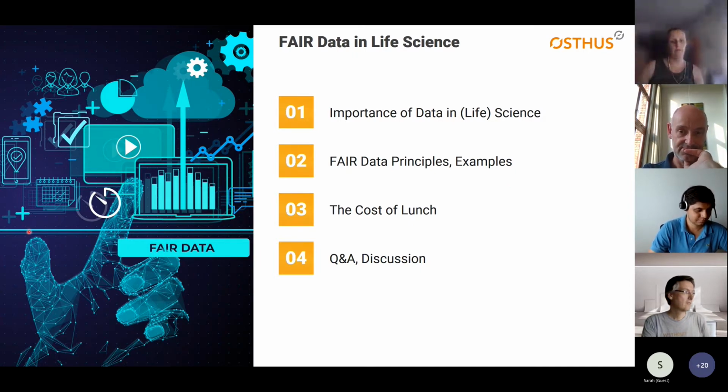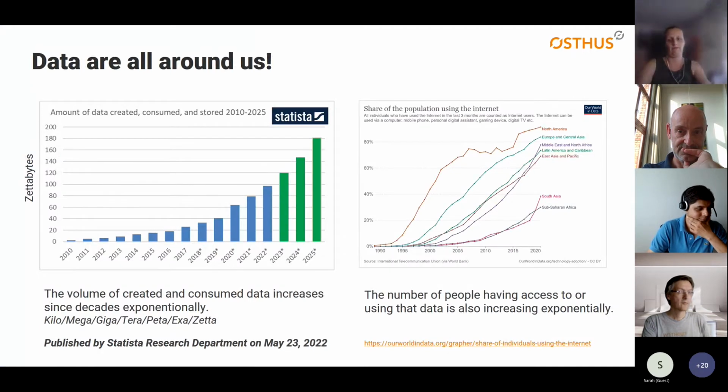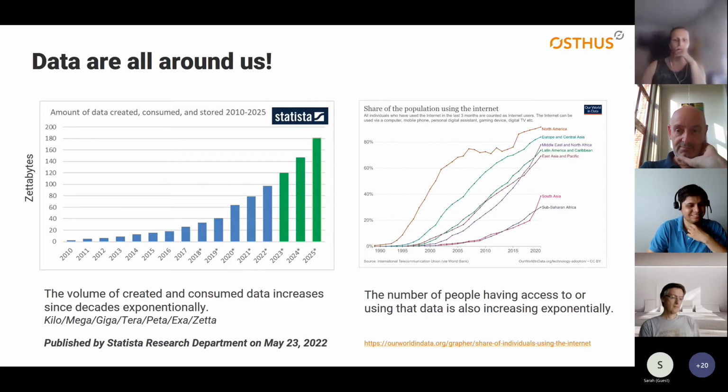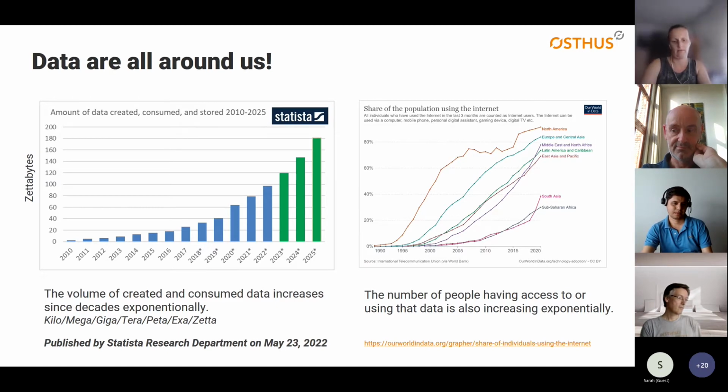Let me just try to convince PowerPoint to go to the next slide. There we are. So data are all around us. You are aware that more and more people, that's the graph on the right, are getting access to the internet and thus also access to a lot of data. And of course, they also produce a lot of data, knowingly or unknowingly. There you see that, for example, North America, Europe, Central Asia, it's almost saturated the market.